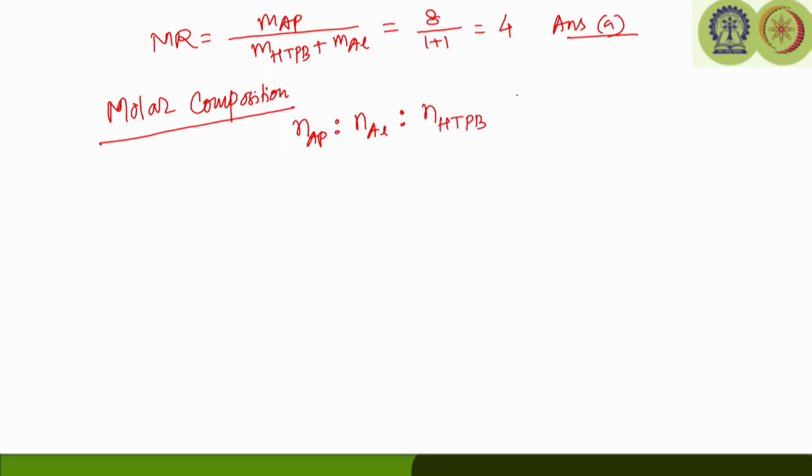Since we know the mass, we can simply write mass of AP by molecular weight of AP is to mass of aluminum by molecular weight of aluminum is to mass of HTPB by molecular weight of HTPB.